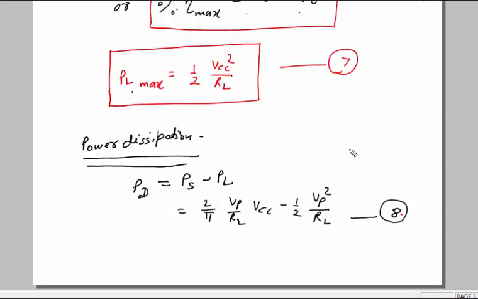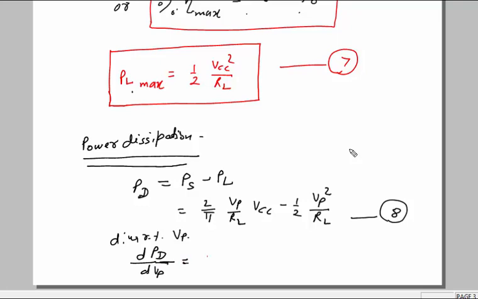Now suppose we differentiate equation number 8 with respect to Vp, what we'll get here? So we are differentiating PD with respect to Vp.